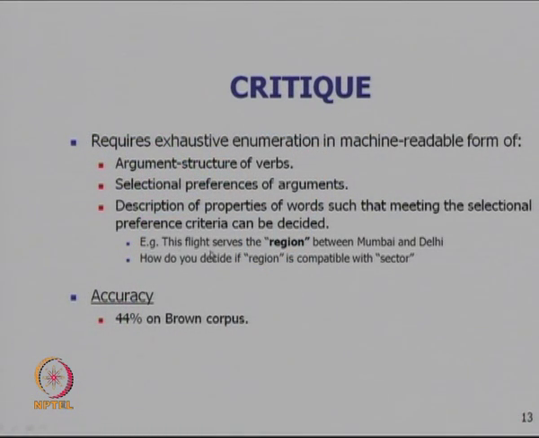For example, the flight serves the region between Mumbai and Delhi. How do you decide if region is compatible with sector? So, this has to be done by means of a lexical resource, and some reported work using the Brown corpus, which is a well known corpus in NLP, says that about 44% accuracy can be achieved using selectional preference based WSD.